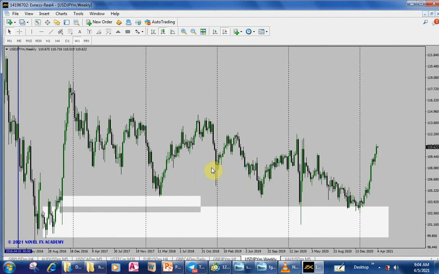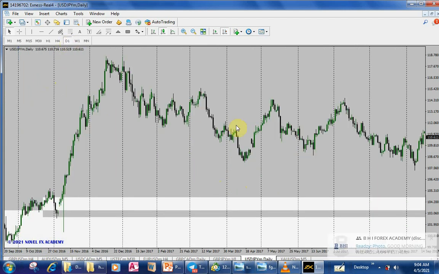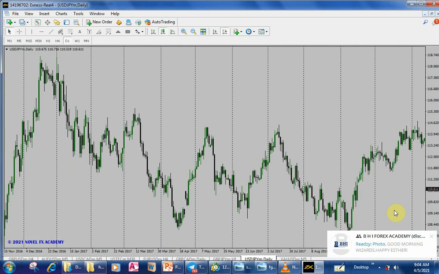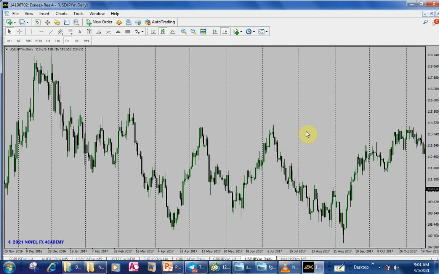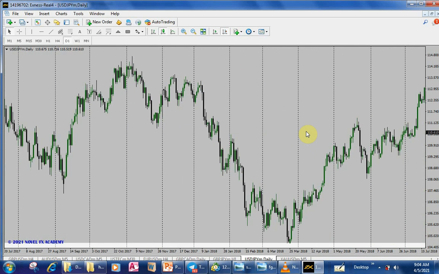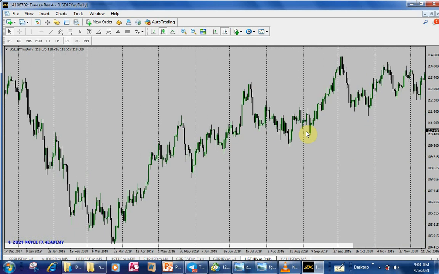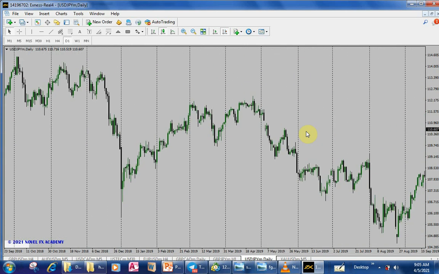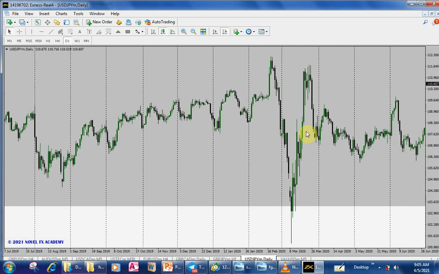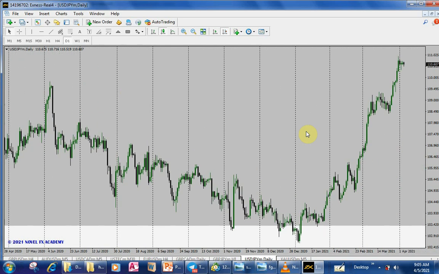Okay, so this is just you understanding these things from a higher time frame perspective. So you can anticipate a reasonable price movement from this area in the future.